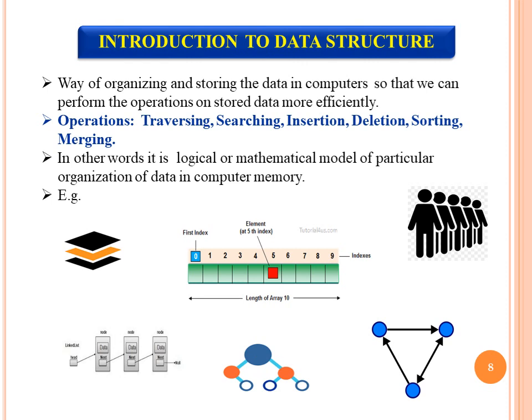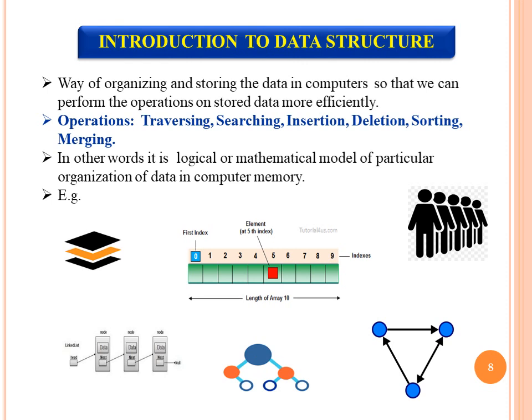There are various operations that one can perform on any data structure. These are some of the common operations: traversing, searching, insertion, deletion, sorting, and merging. So traversing means what?